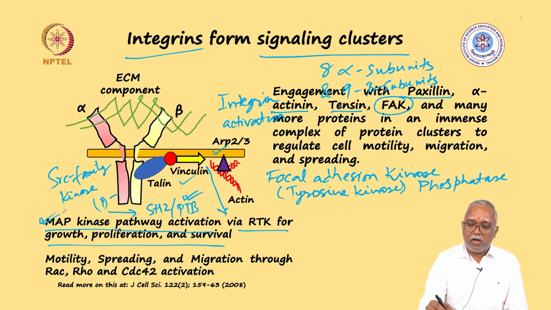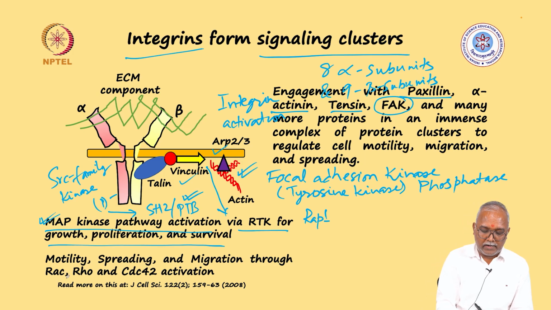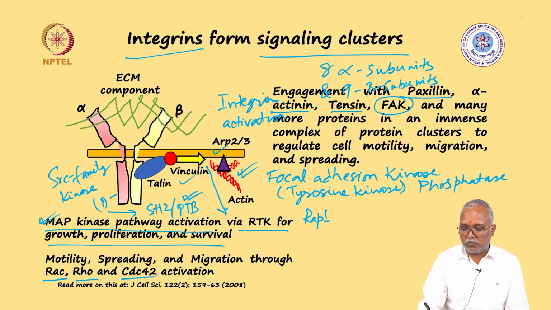You also saw how RAP1 GTPase was working. That will also impinge onto this growth and proliferation aspect downstream of integrin signaling. Moreover, since it associates with the actin filaments and allows the branching, it further works downstream by engaging RAC, Rho and CDC42. These are another set of GTPases.